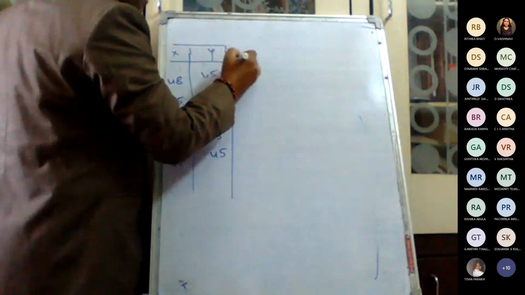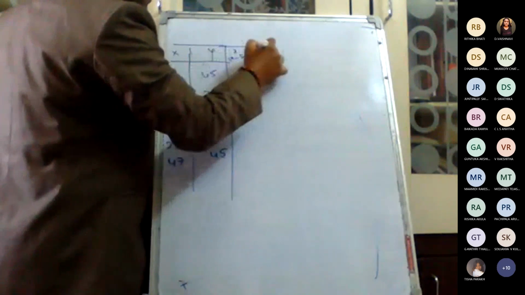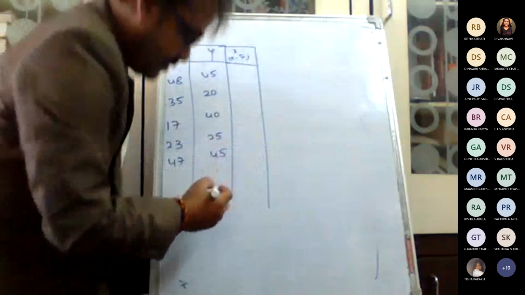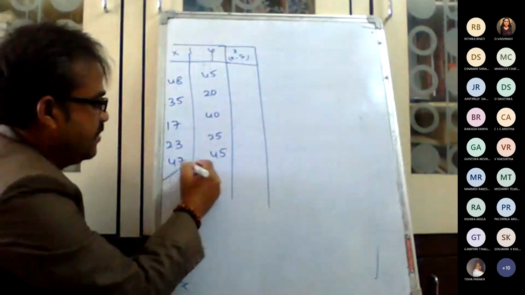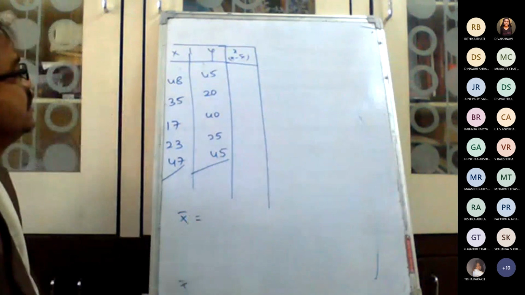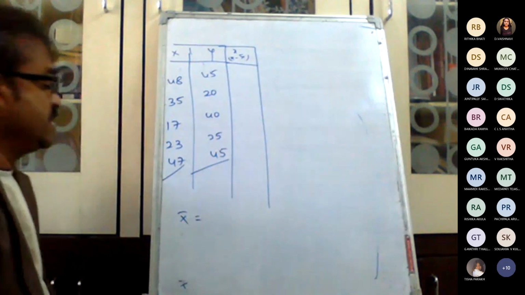Now x minus arithmetic mean. Arithmetic mean of x bar is equal to 48, 35, 17, 23, 47.